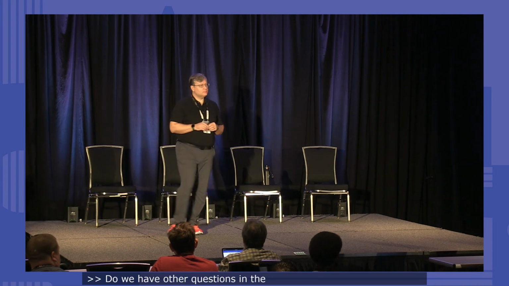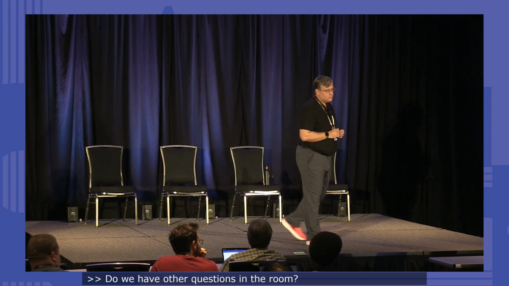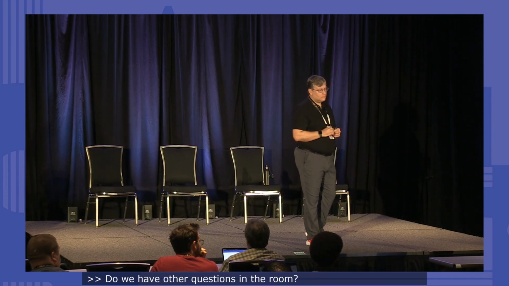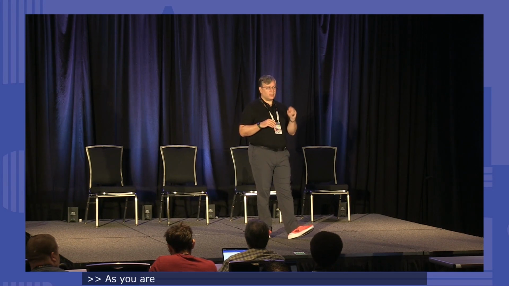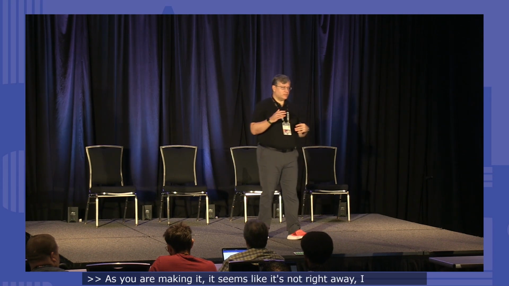What is your recommendation for the longest runtime for a script? So when should I begin thinking about moving it to a policy instead of using an extension attribute directly? I would say as you're making it in testing, if it seems to have any pause at all as you're going through it, like if it just seems like it's not right away, I would at that point consider it, because over time you're going to build a ton of extension attributes and it just compounds.